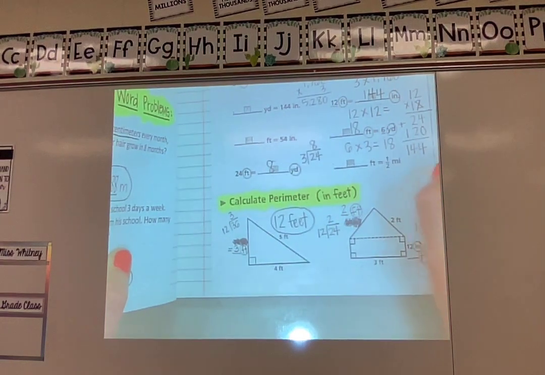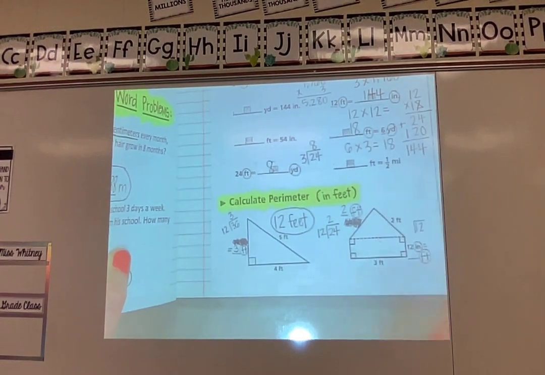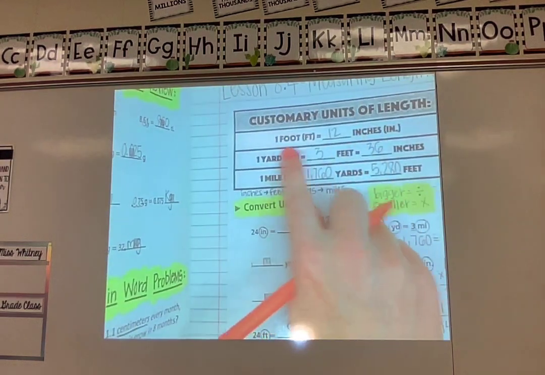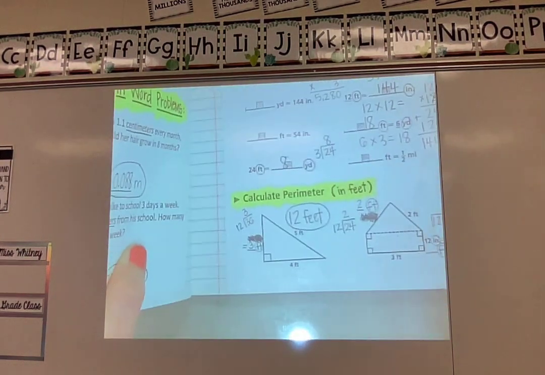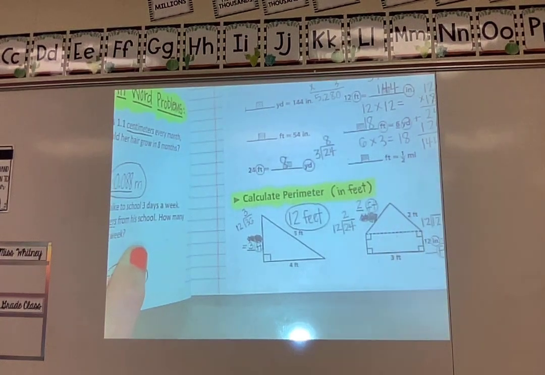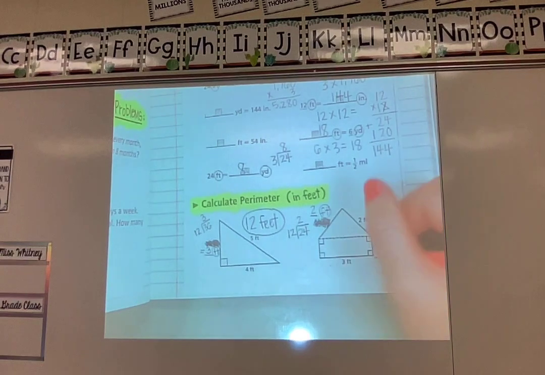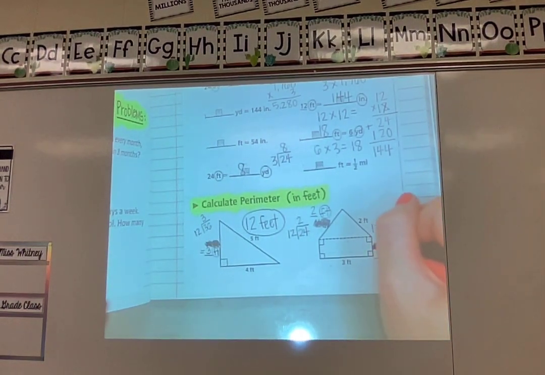So 12 divided by, then I'm going to use my chart. Inches to feet is 12. So back down here, 12 divided by 12. Well, 12 divided by 12 would just be 1. So this side would be 1 foot. I'm going to cross off my inches because I've converted it over.